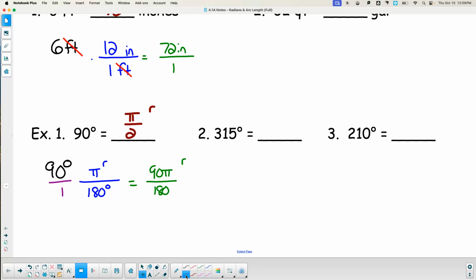At this time, what I would like you to do is convert 315 degrees and 210 degrees into radians, please.